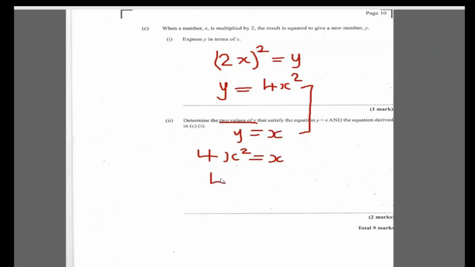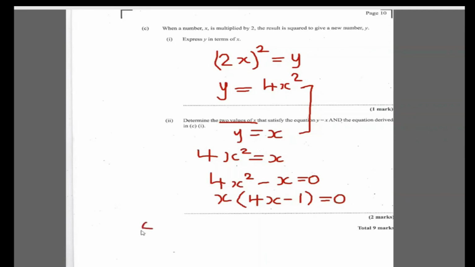So we can carry over the x to get 4x squared minus x, and that is equal to 0. Now that 4x squared minus x is equal to 0, we can factor out x. Factoring out x, we're going to get x times 4x minus 1, and this is now equal to 0.